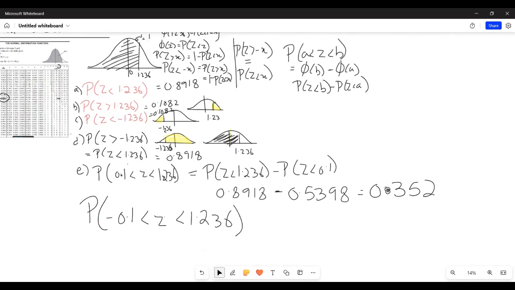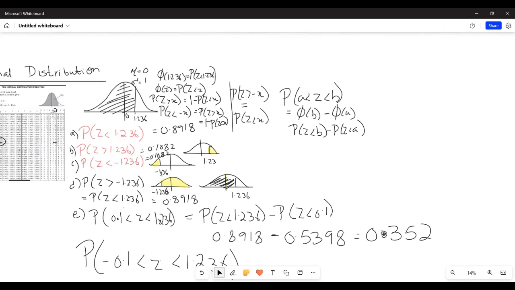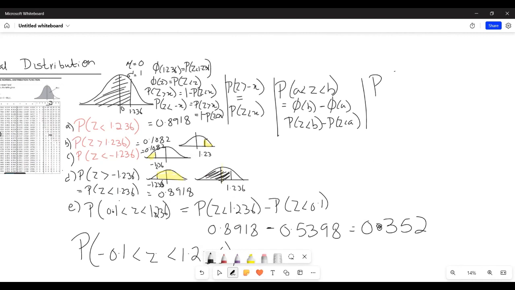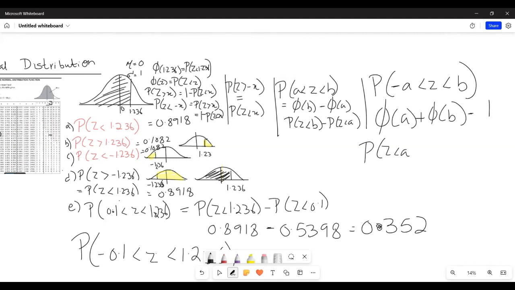So the general rule is going to be, for this case, if one of them is negative, what you can do is write phi B or phi A, write any one first, then plus phi B, and then subtract 1 from the probability. That is, probability Z is less than A, plus probability Z is less than B, and subtract 1 from the answer.